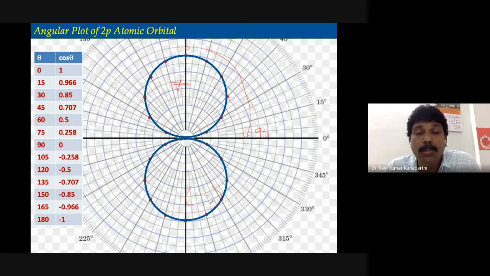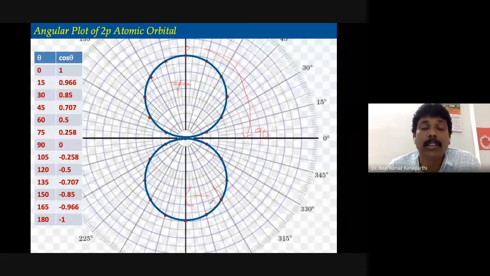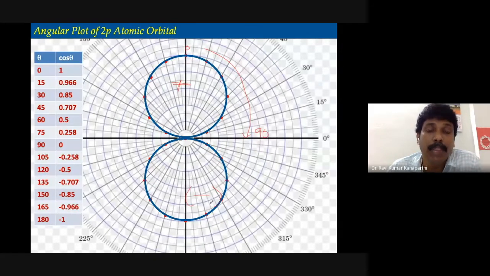What you do in a practical class, you have to use a polar graph, and the polar graph will have different axes. Each axis indicates an angle, and each circle gives you some magnitude of value. So you can assign the value as you wish.